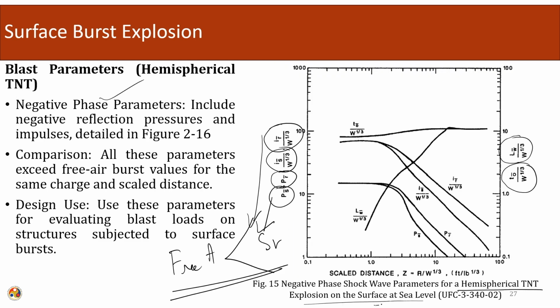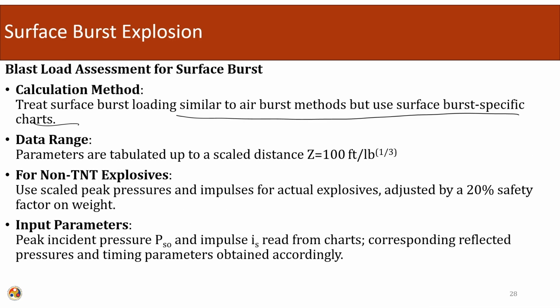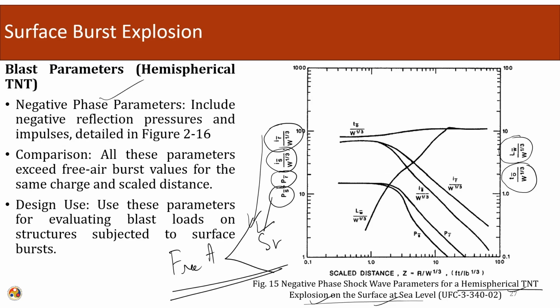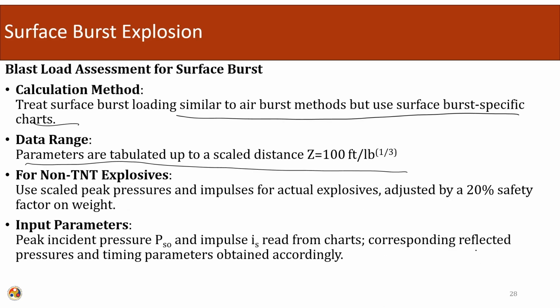So the pressure conditions and the type of burst are mentioned in all the charts, and we have to be careful that we are using the appropriate chart. Normally the parameters are tabulated up to a scale distance of Z equals 100 feet per cubic root pound. Normally you will see that this goes till a value of 100.